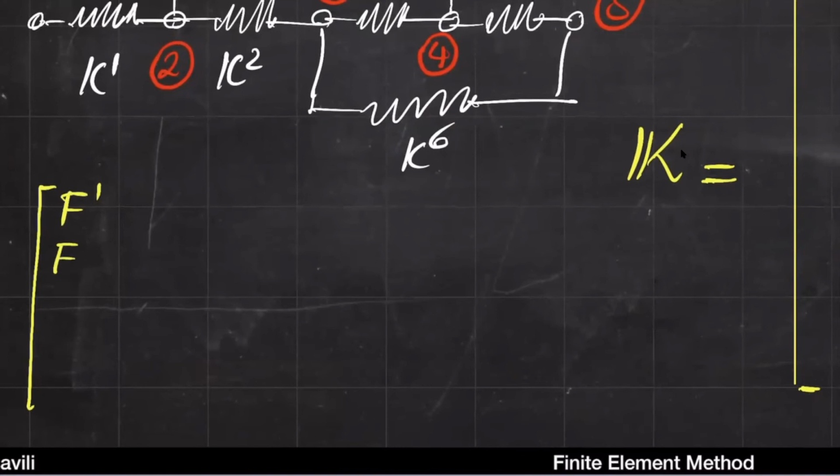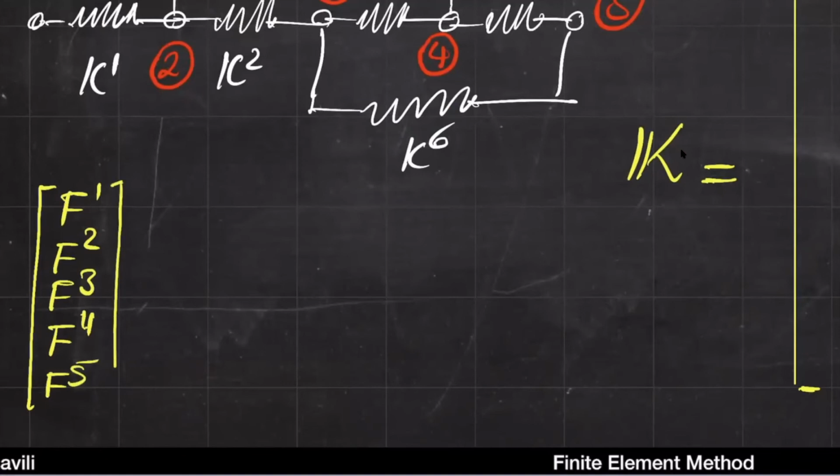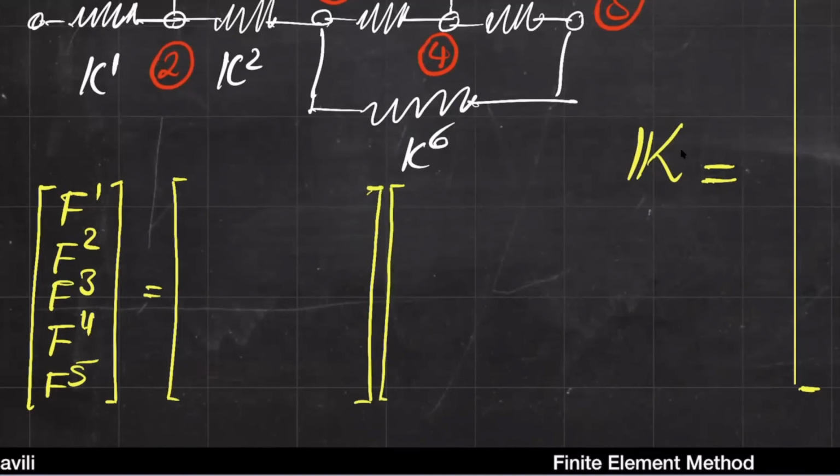You have F1, F2, F3, F4, F5 equals those components of the stiffness, so that stiffness that is 5 by 5, times U. So you would have again U1, U2, U3, U4, and U5.